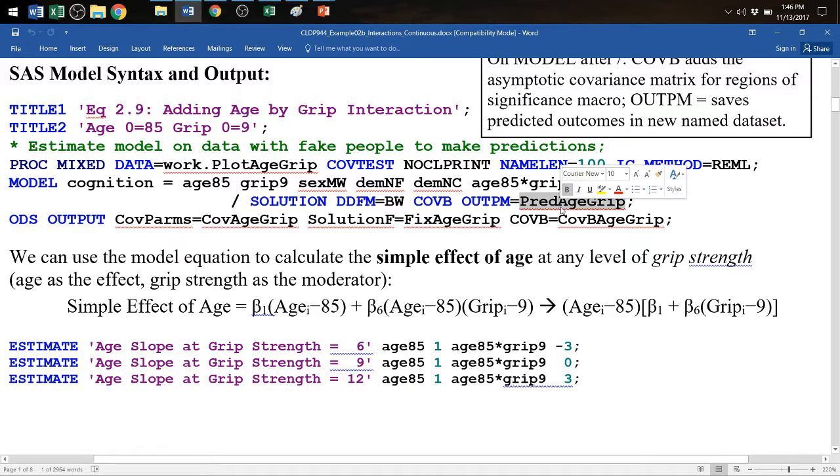The name of the data set in which they are to be saved is right here. I've called it pred age grip. It is going to copy my entire original data set and append columns to the end that have the predicted value and the residual and the confidence intervals around the predicted values. By default, the new column is called pred. I think there's syntax by which you could rename it if you want to. I usually don't bother.